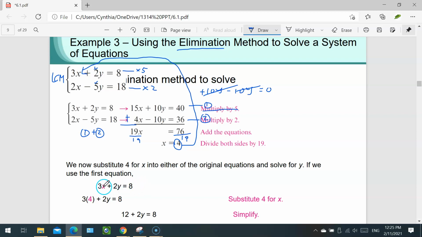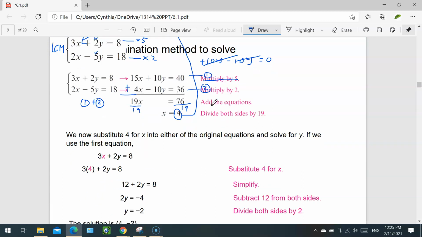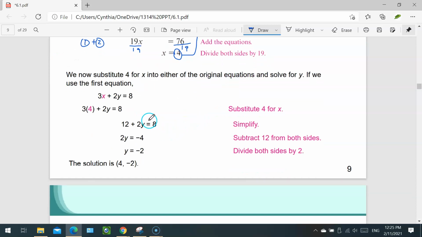Now we substitute x with 4, so you have 12 plus 2y equals 8. From here, you can solve for y equals negative 2. So the ordered pair solution is x equals 4, y equals negative 2.